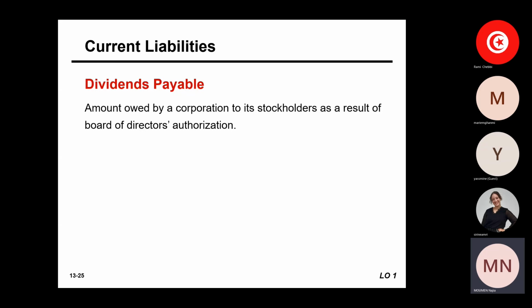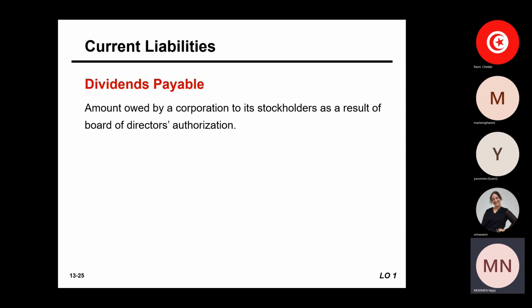They are the amount owed by the firm to its stockholders, money owed by this corporation. They are the consequence of the authorization of the board of directors, meaning the declaration of the distribution of dividends.